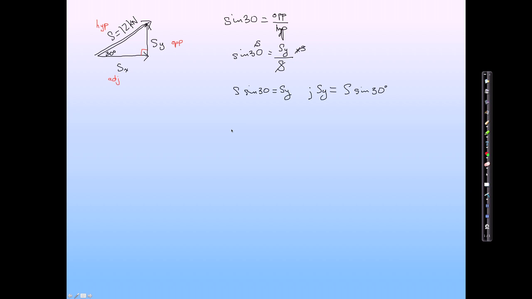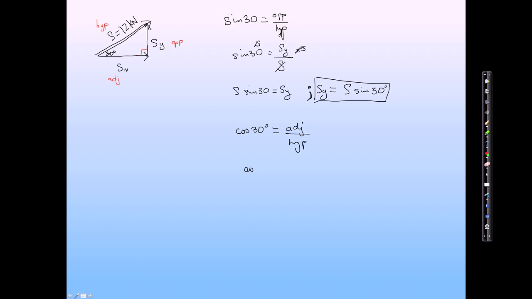Similarly, this is a semicolon, not a J. Highlight that. Similarly, if we look at the cos of 30 degrees, that will equal the adjacent side to the 30-degree angle divided by the hypotenuse of the triangle.